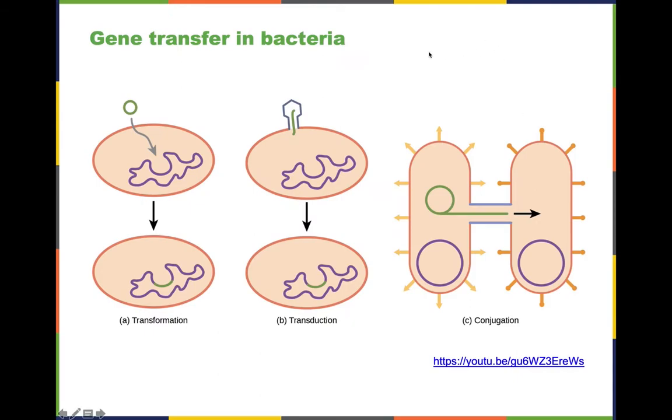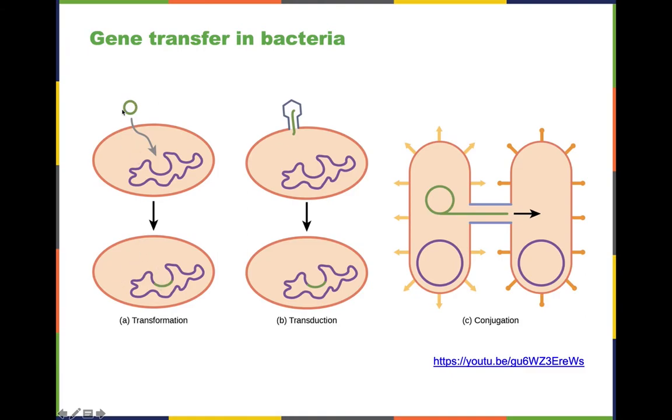Now, bacterial gene transfer can happen in multiple ways. One of them is transformation. Bacterial cells can, on a random basis, if the conditions are met, just take up DNA, genetic material, from their environment and incorporate it into their genome.